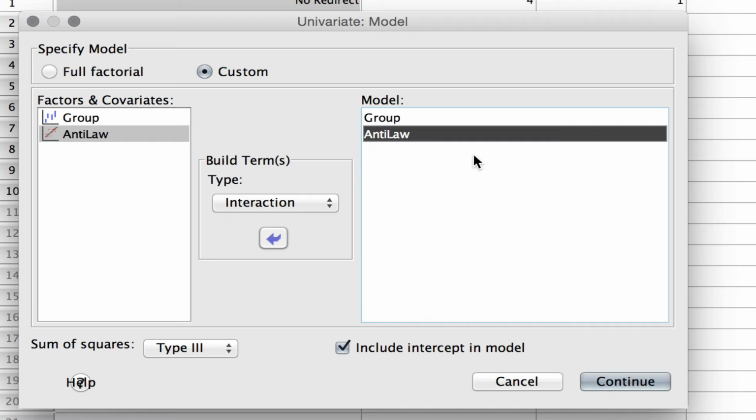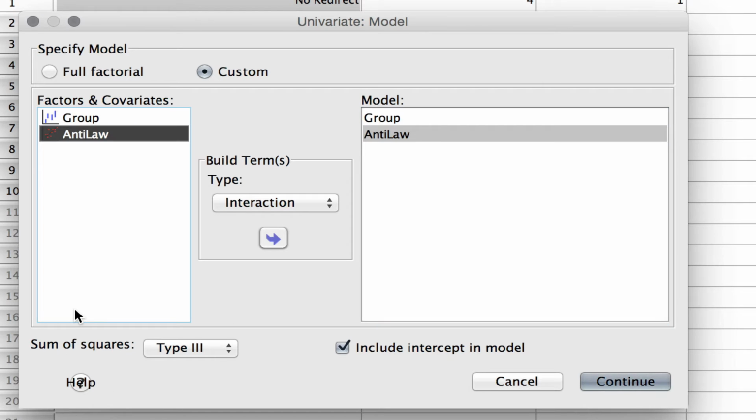Because we put in the main effects of our group variable and our covariate, no variance will get misattributed to the interaction that isn't really due to the interaction, but rather is to do with the other effects. We did that just to make sure the effect we're actually interested in is our interaction.